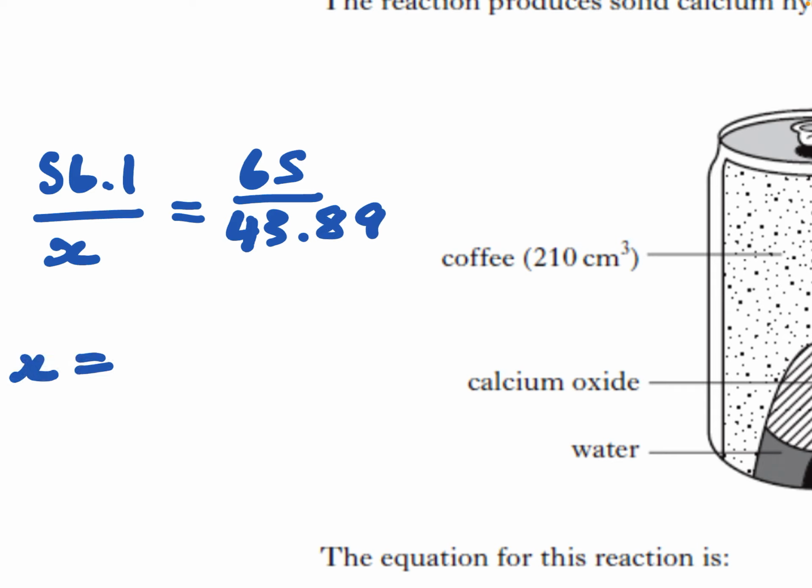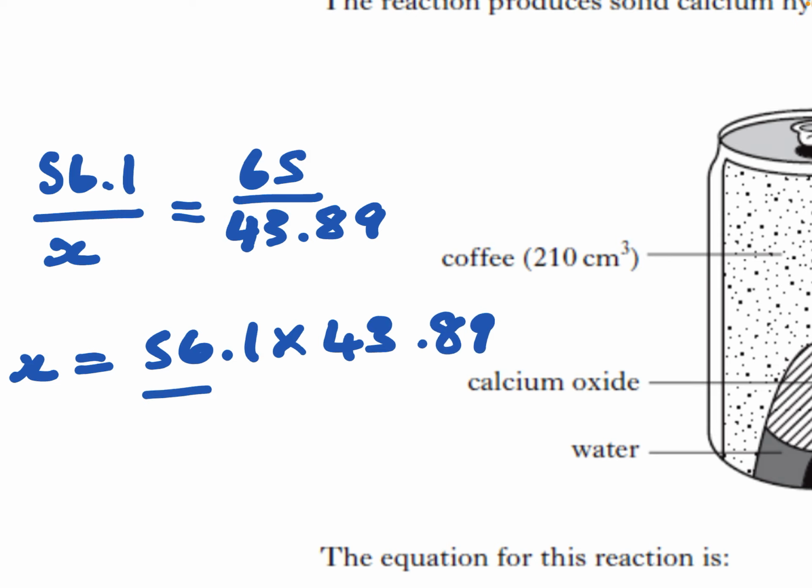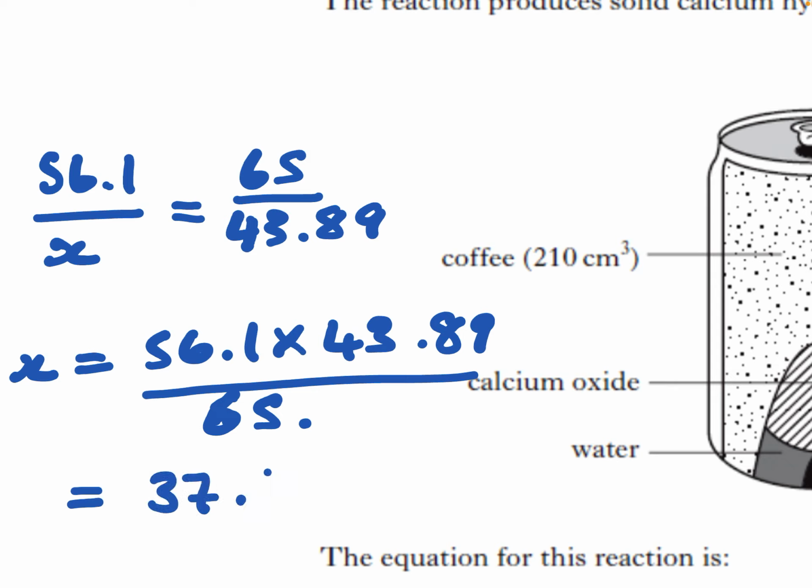So when you solve that for x, you get 56.1 times by 43.89 divided by 65. Which gives you the same answer, which is 37.88 grams.